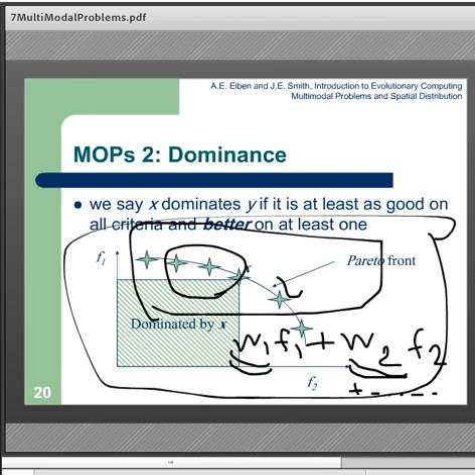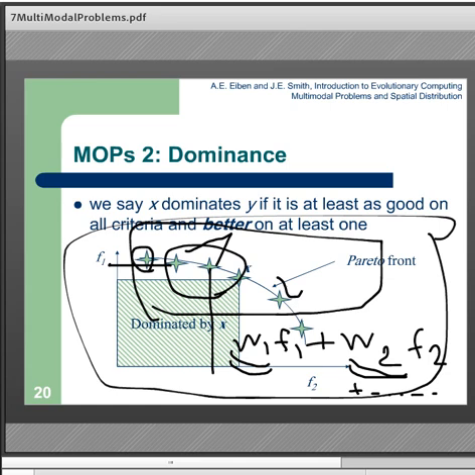A Pareto set is a set of elements where none of these elements is dominated by another one. For example, if you select this and this, it is better by F1, but the other is better by F2.